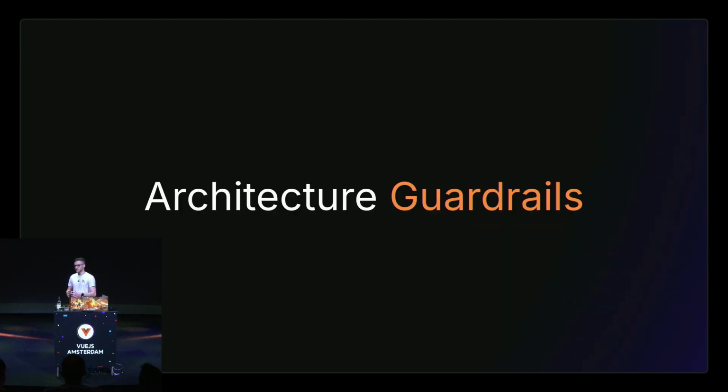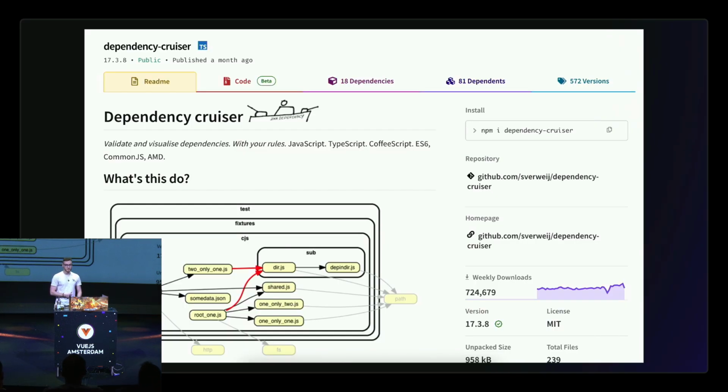And if we are looking for some tools that would help us achieve better architecture, these are called architecture guardrails. We can use a tool called Dependency Cruiser. It's a really nice thing that I recently discovered. It basically allows us to create rules that a certain module, for example, cannot use dependencies from another module.